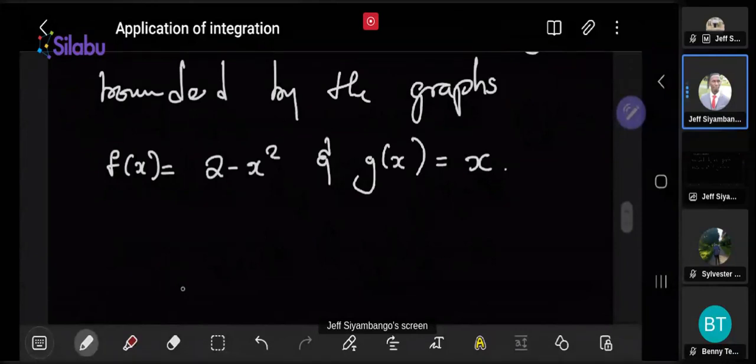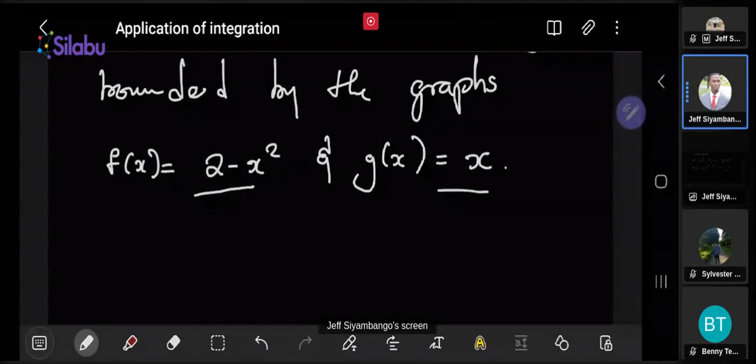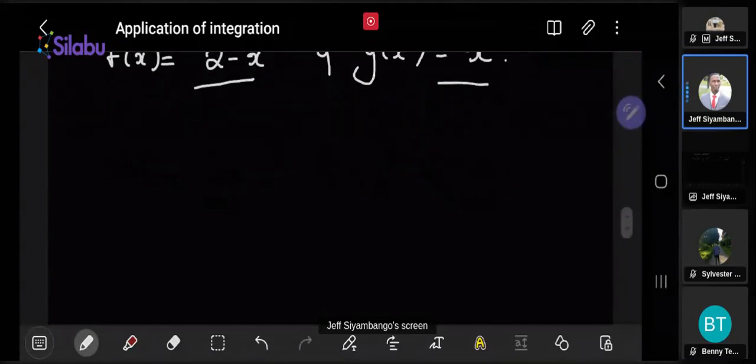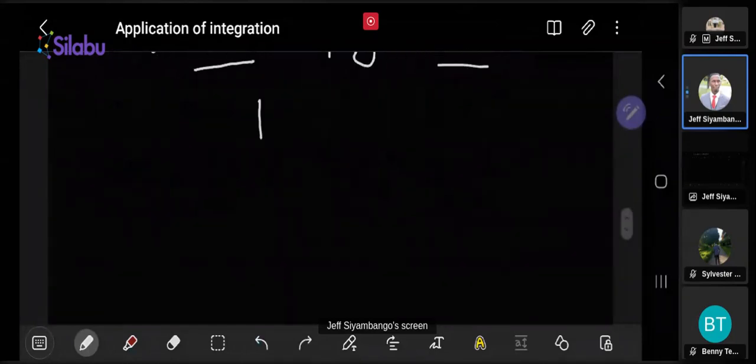In this case, we only have two boundaries, meaning that now we are going to have only the section which will be completely enclosed by the two graphs f of x and g of x. So again, I'll start by giving you a picture. It's not necessary that you have that picture, but I feel like it's a key component for me. So I just create a simple sketch there.